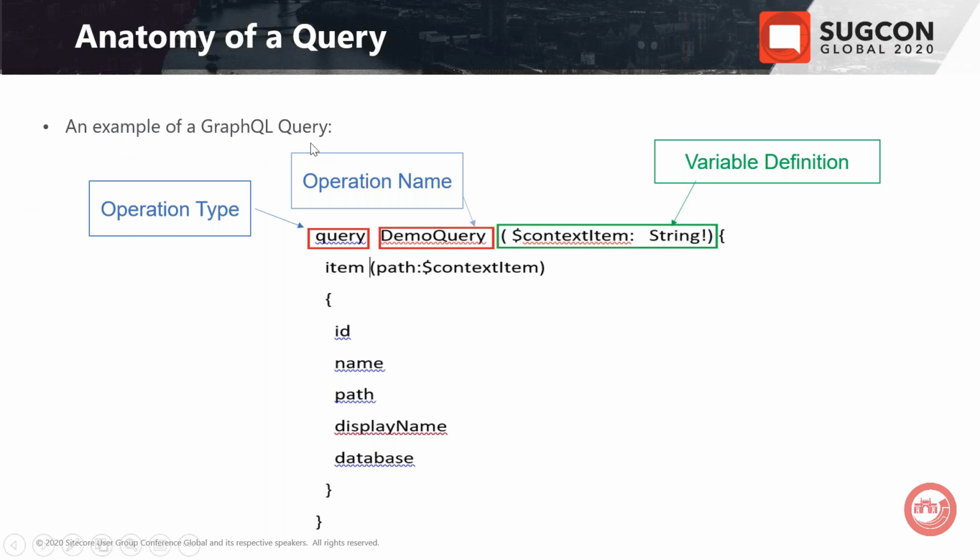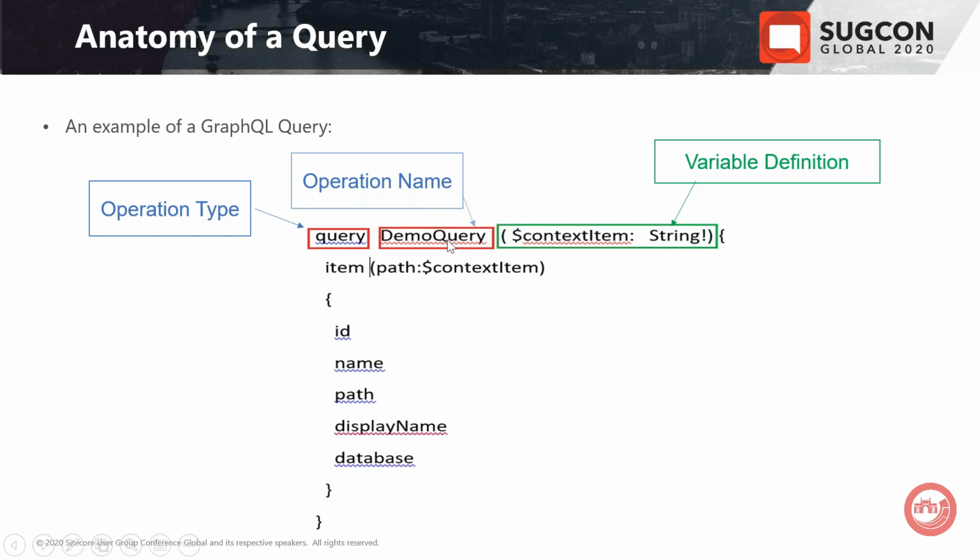An example of a GraphQL query: as I mentioned, there's an operation type, and among the operation types we have query, mutation, subscription, and fragments. I think these are the four types. Then there is the operation name, which is optional again.